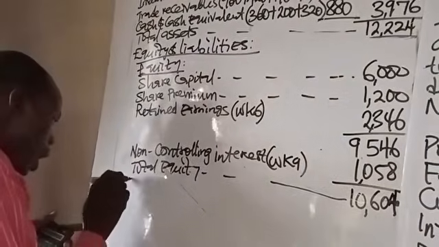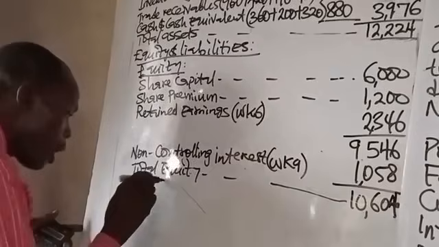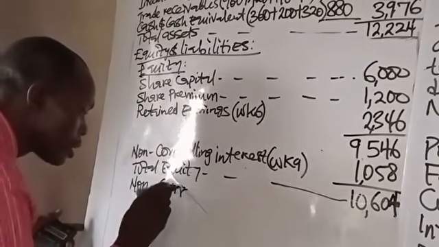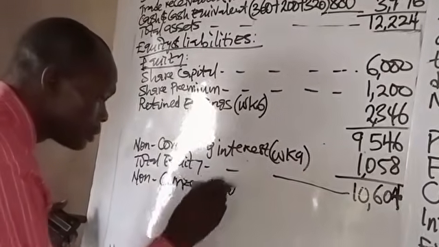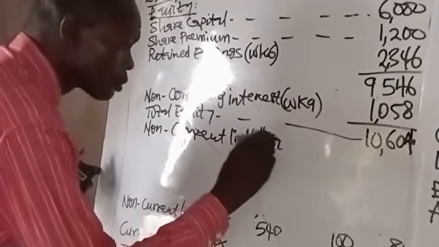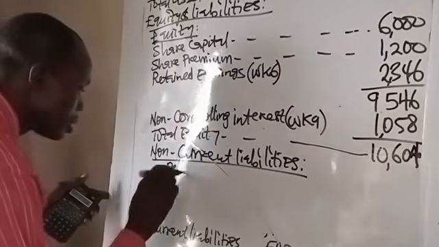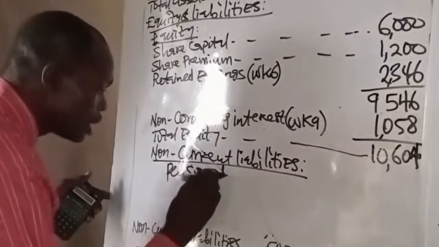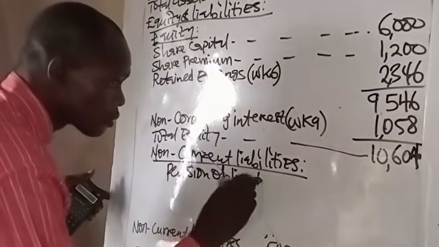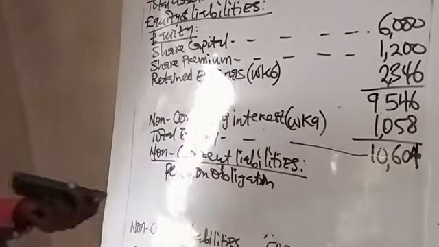We have no current liability. We have pension obligation. Back to our earlier working 7, we have pension obligation 20.